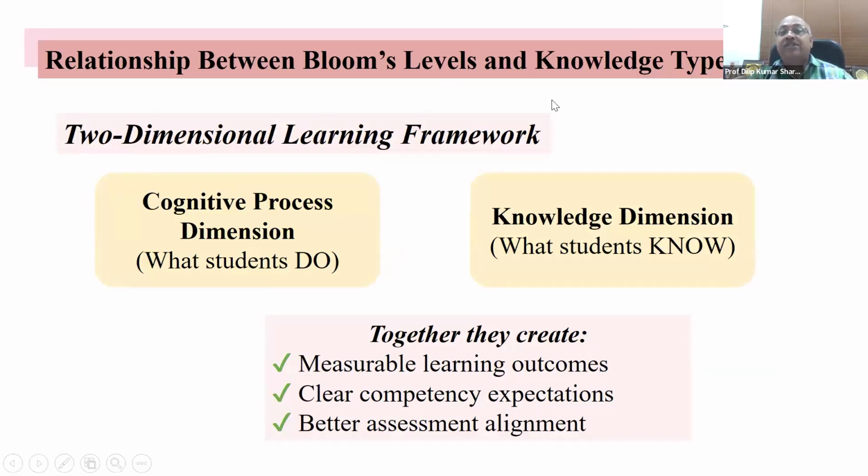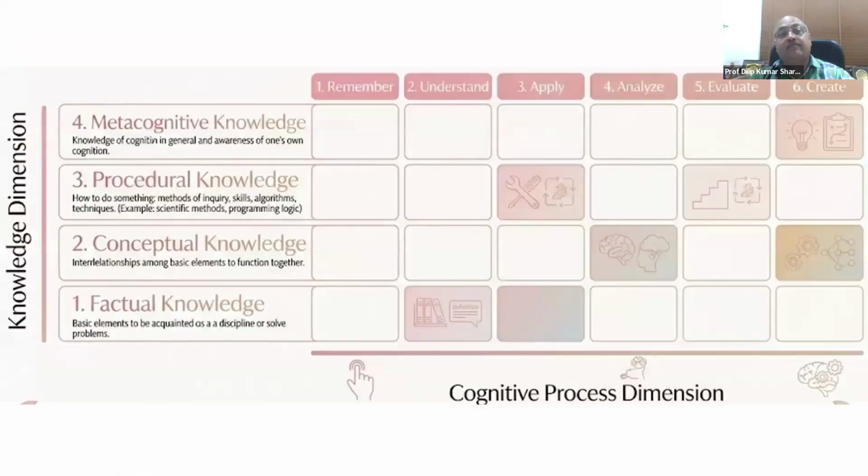The relationship between Bloom's taxonomy and knowledge type is a two-dimensional learning framework. The cognitive process dimension is what students do, and the knowledge dimension is what students know. Together they create measurable learning outcomes, clear competency expectations, and better assessment alignment. I have already asked you these: factual knowledge, conceptual knowledge, procedural knowledge, and metacognitive knowledge.